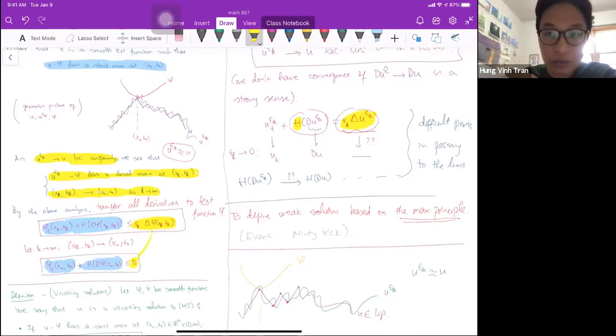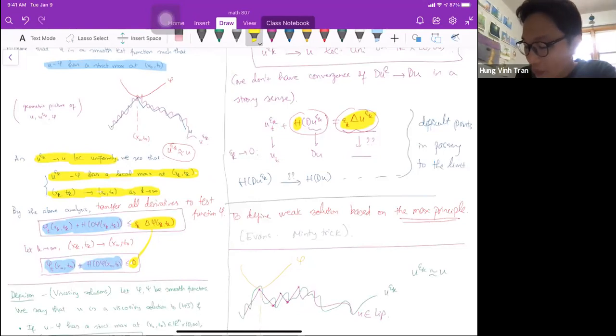It's bounded, that's what I know, but I don't know whether it converges to 0 or not, because u epsilon k can fluctuate a lot. It's smooth, but its Hessian can be converging to infinity at a rate that is not slower than 1 over epsilon k, so that thing doesn't converge to 0.